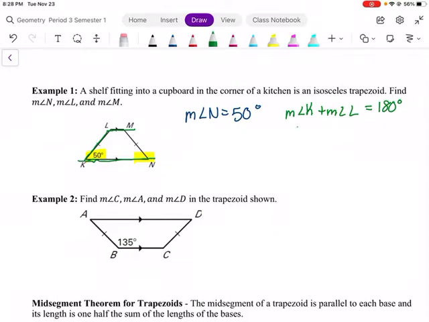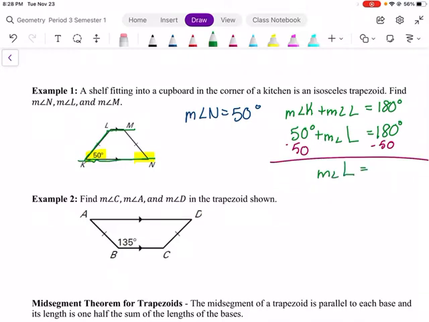We already know that the measure of angle K is 50, so what we are left to find is the measure of angle L. And we can do that by just subtracting 50 on both sides. And we find that the measure of angle L is equal to 130 degrees.